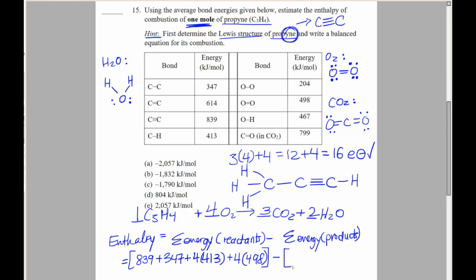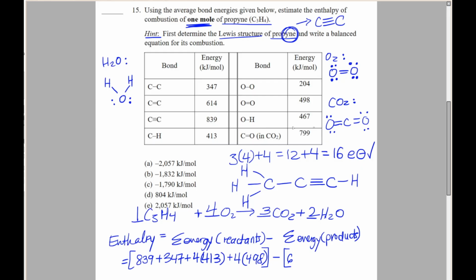So let's do that. Starting with CO2, this is the structure of CO2. So we just see that there are 2 equivalent CO double bonds. Since we have 2 double bonds per molecule of CO2, but we have 3 CO2s, we can just write 6 times the energy for the CO double bond, because we have 3 CO2s times 2, that would be 6.